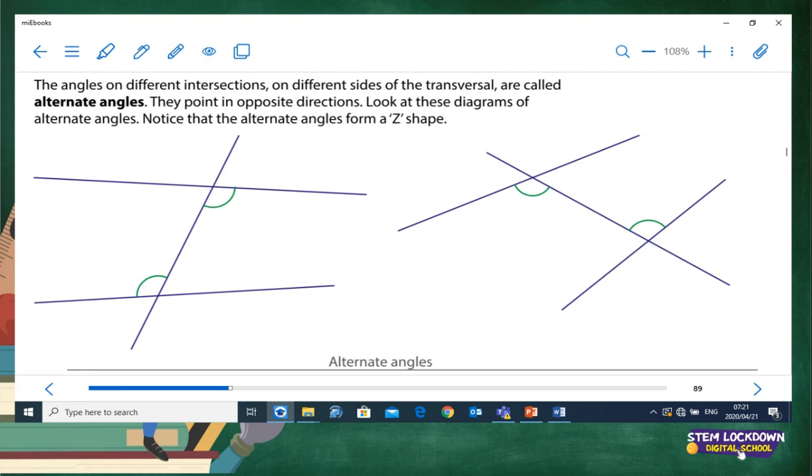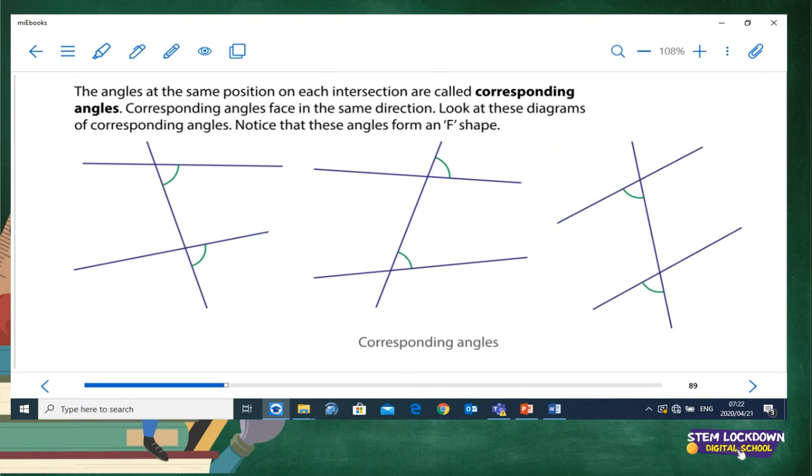And of course, if you carry on, you should be able to see that we also have corresponding angles. And these corresponding angles are also formed as a result of the transversal. That is the line which cuts two other lines and form intersections there.